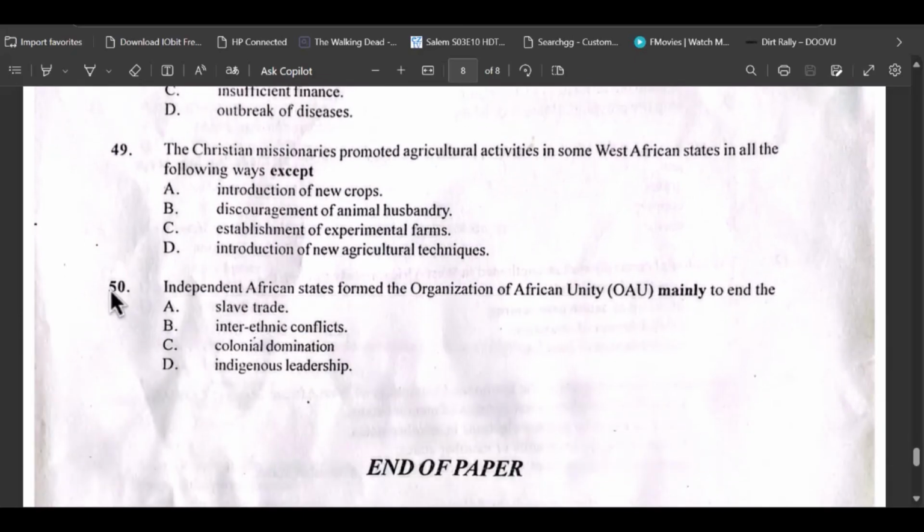And then the last one. 50, independent African states formed the Organization of African Unity, OAU, mainly to end the. So let's take a look at the answers.